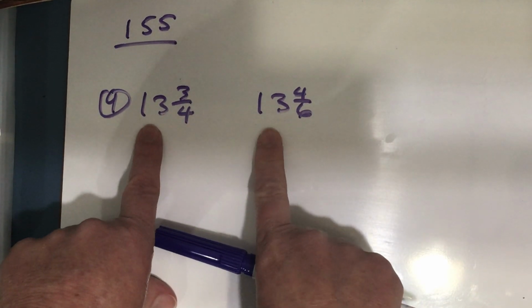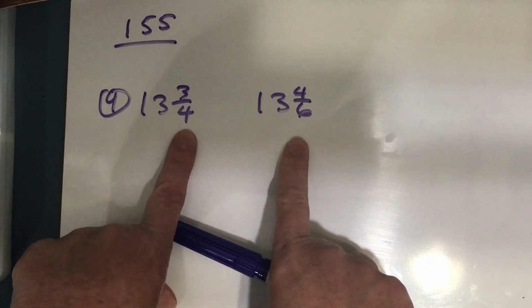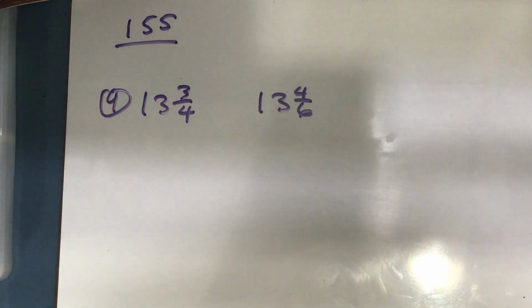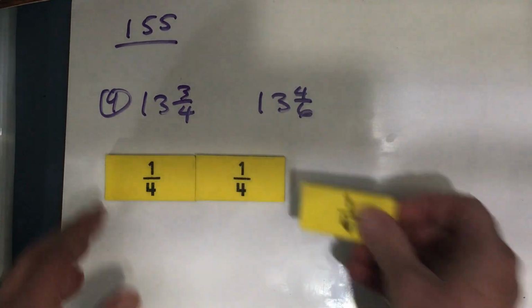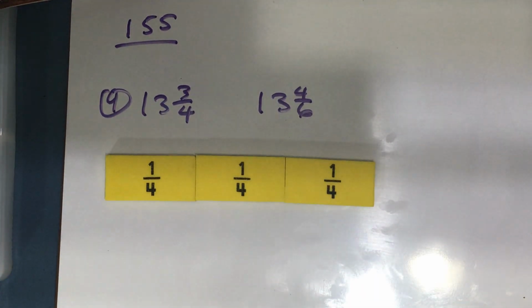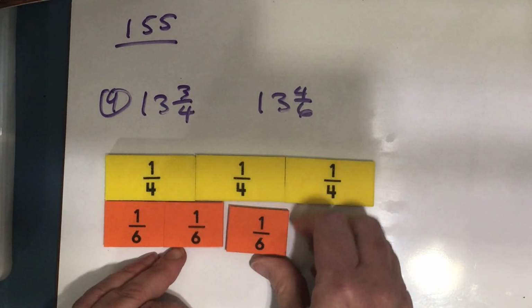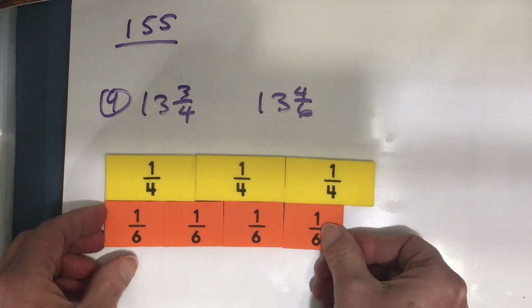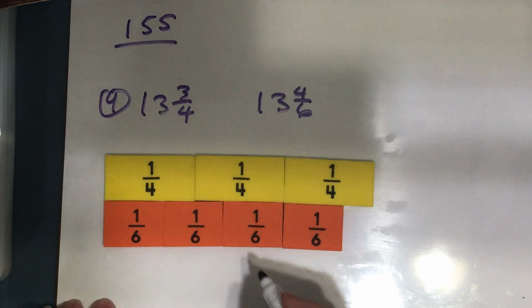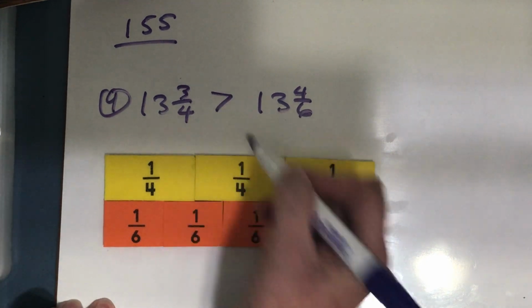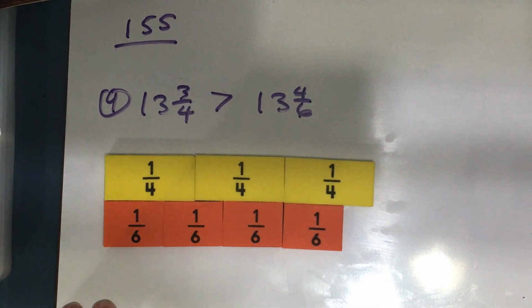Both of them are 13s. So I have to compare my fractions. 3/4 and 4/6. Here's 3/4. And then here's 4/6. And I can see that 3/4 is larger than 4/6. So 13 3/4 is greater than 13 4/6.